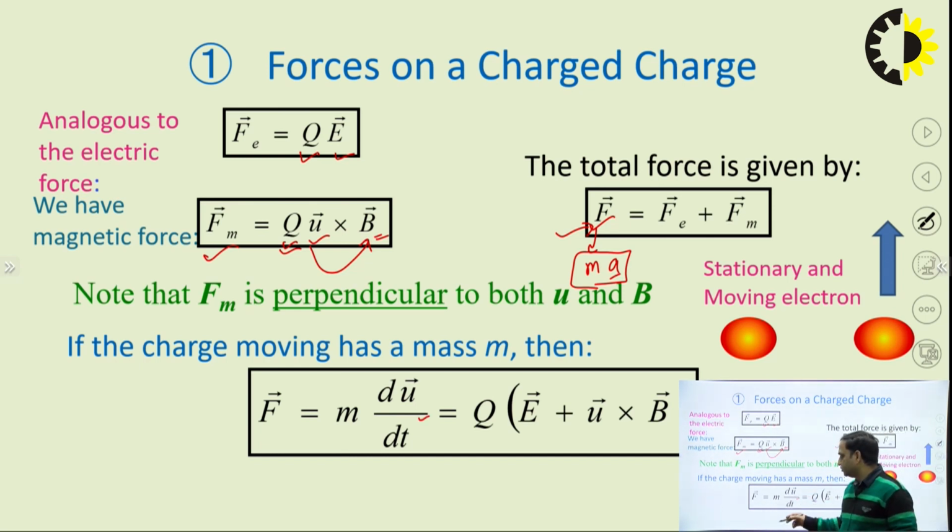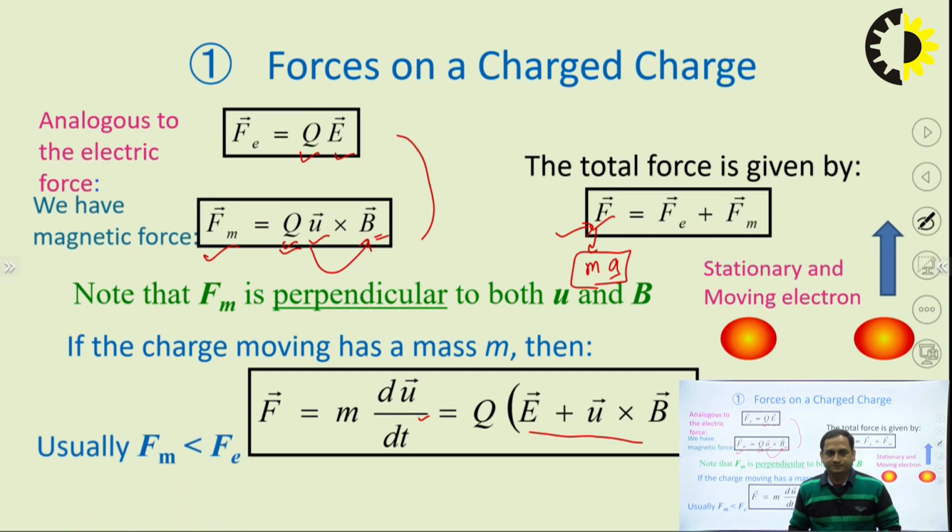So F is equal to M du upon dt. Here Q can be taken outside from the two terms, so what is left is E plus U cross B.